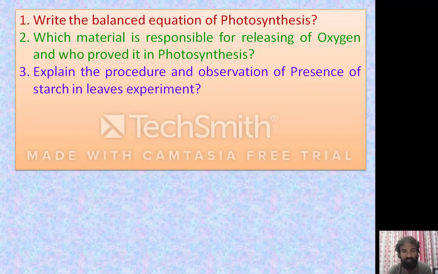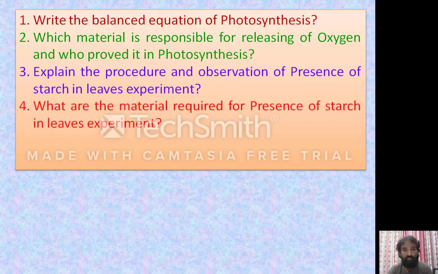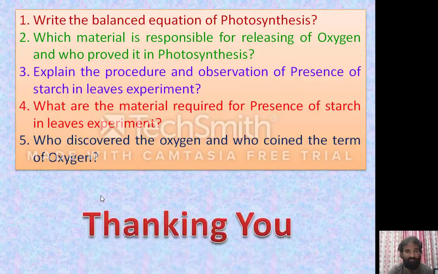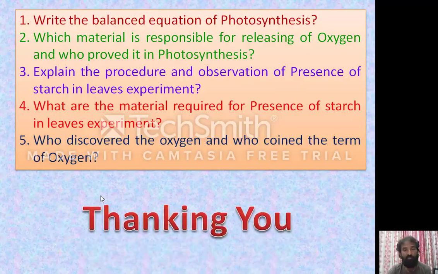It is a very important one. Fourth, what are the materials required for the starch in leaf experiment? And fifth, who discovered oxygen, and who coined the term oxygen? This is in a small class, regarding water and photosynthesis and air and photosynthesis.